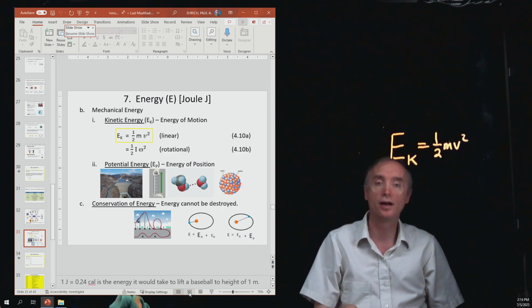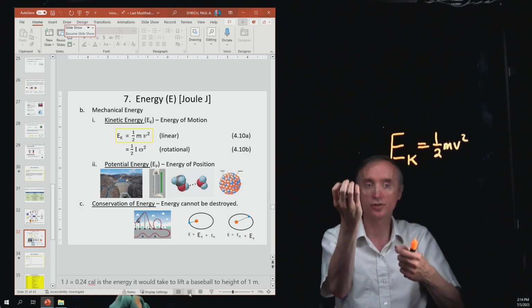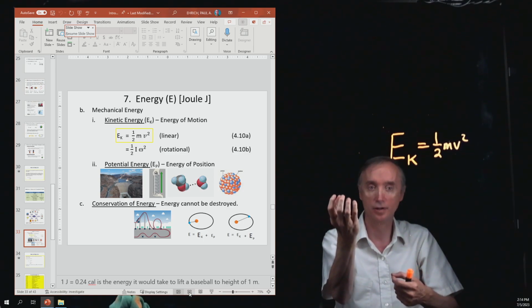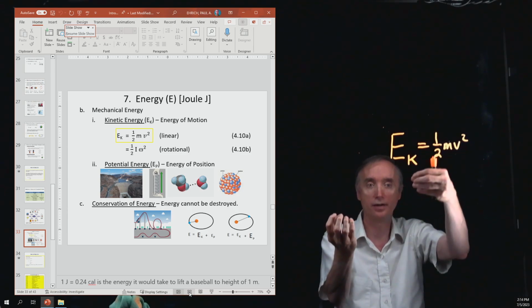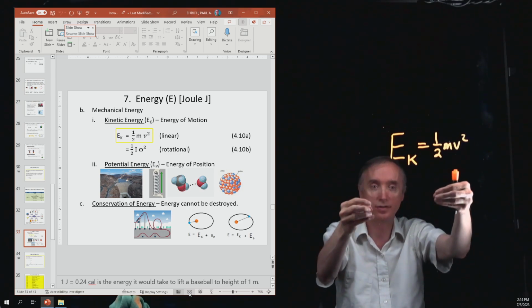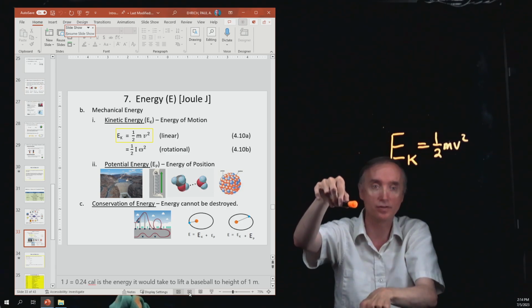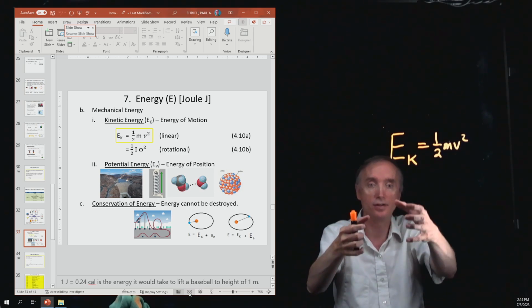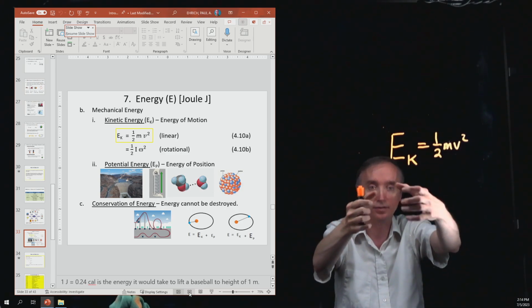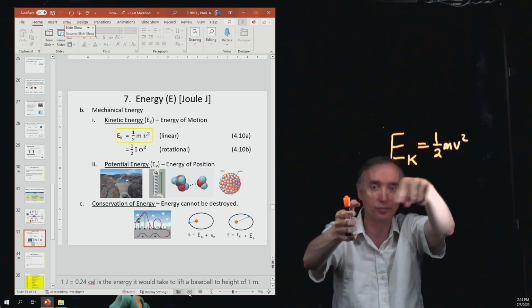Okay, but another kind of energy is going to be electrical energy. And so if you got a charged particle, like a proton, and then another charged particle, like an electron, they are attracted to each other, just like this thing is attracted to the Earth. So there is energy in taking molecules and holding them at certain distances away from each other.